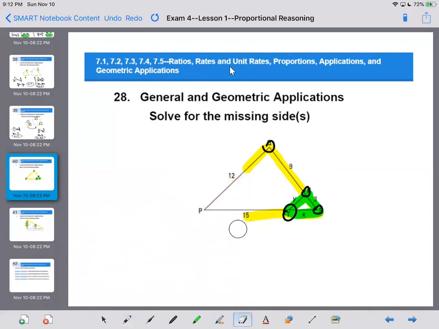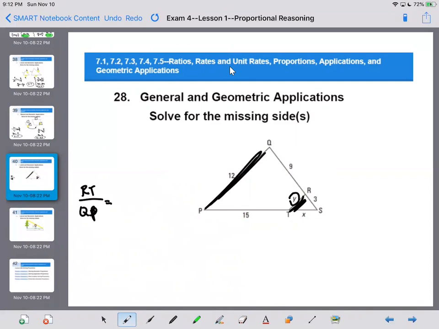So let's take what we know. We're looking for Y. So that's RT. So I'm going to take RT and compare it to QP. So that's Y to 12. Now I got to compare it to something that I know, and I know 3 and I know 9.